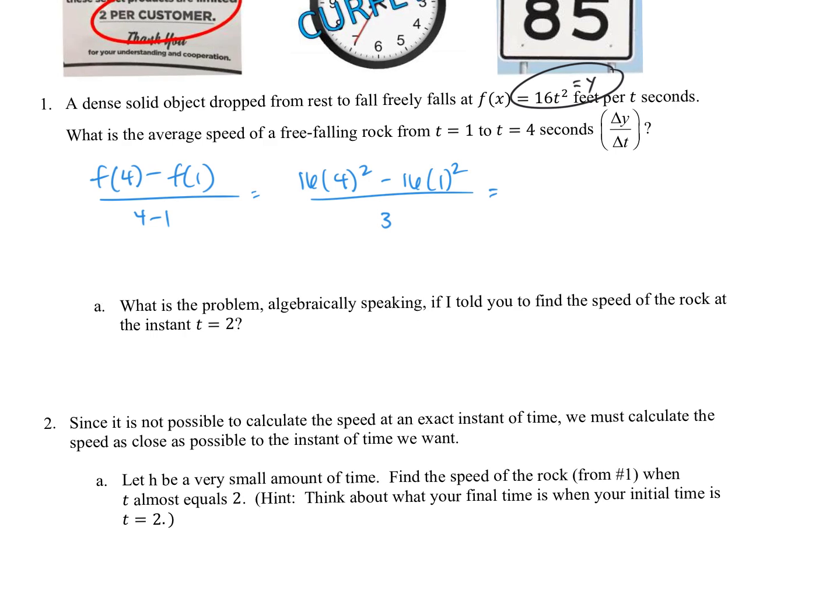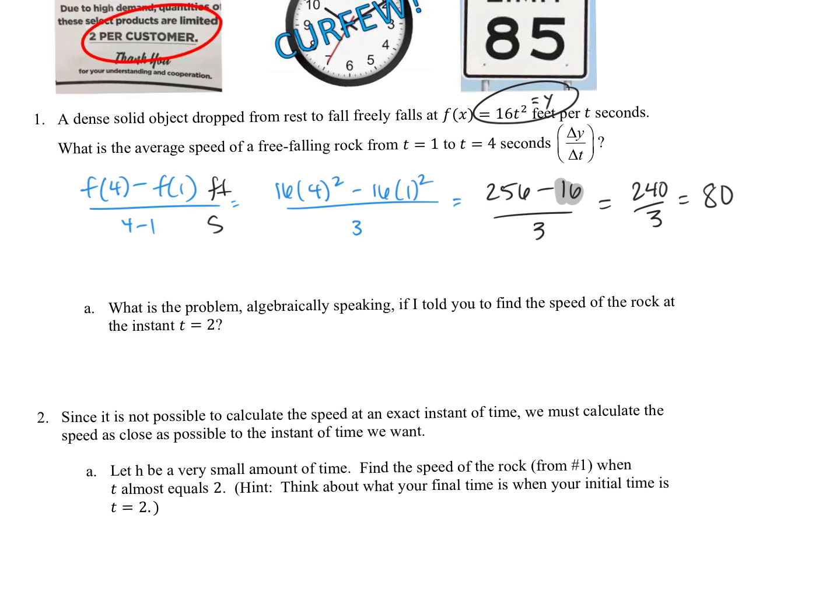Let's do some mental math. 4 squared, 16 times 16, 256. 256 minus 16 all over 3. 240 over 3. 80. What would be my units if I did feet over time? This is going to be feet per second, right? So this object is falling quick. 80 feet per second, okay?